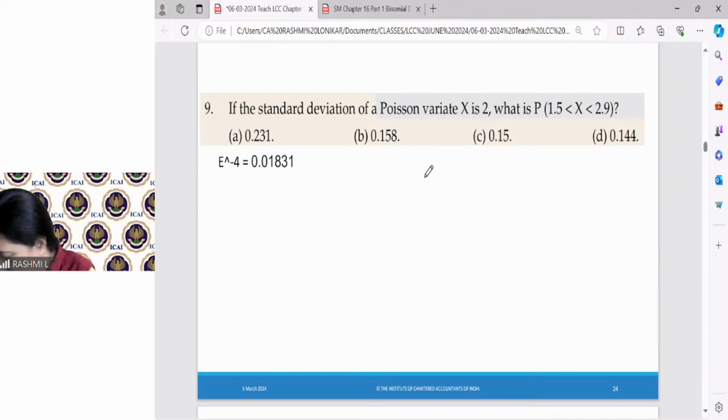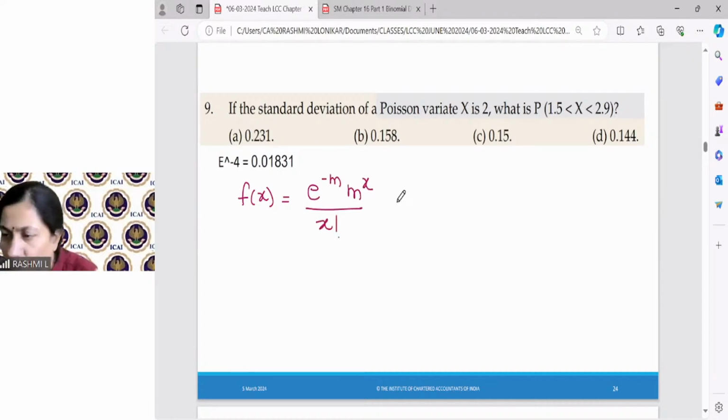Okay, just let me get my calculator on. Now, what is the formula? The formula says f of x is equal to e raised to minus m, m raised to x upon x factorial. And x can take the values 0, 1, 2, up to n.